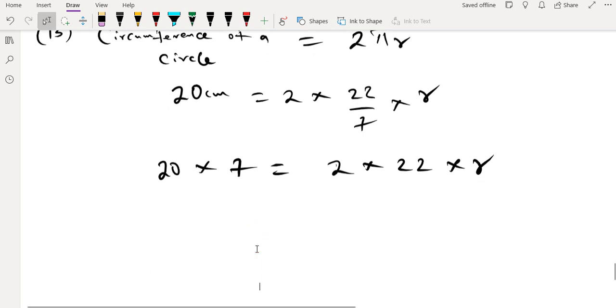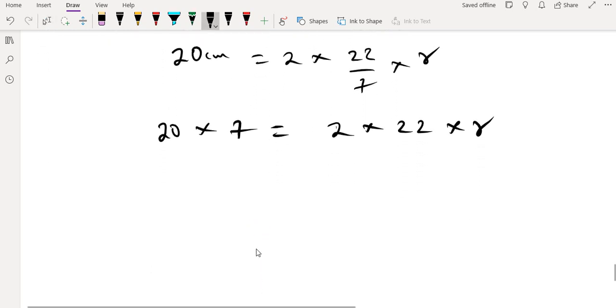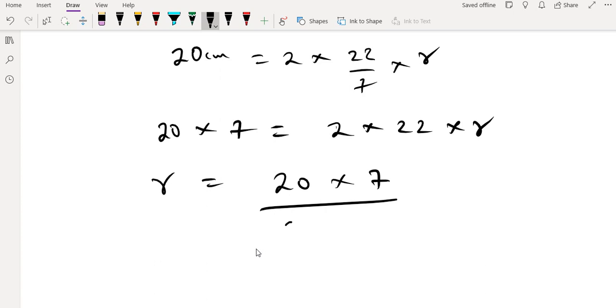Look here. So R becomes 20 times 7 over 2 times 2.